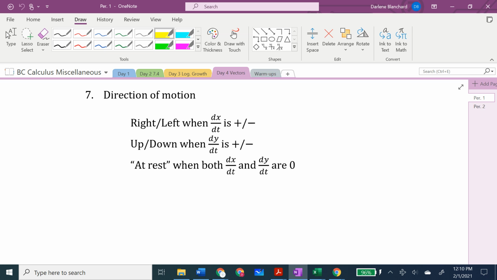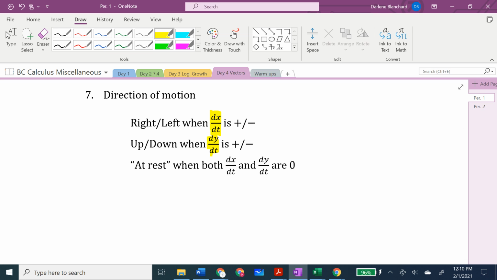But now we have two dimensions. We have two dimensions of motion. So this should be pretty clear once you read it. dx/dt being positive or negative tells you whether you're moving right or left. dy/dt being positive or negative tells you whether you're moving up or down.